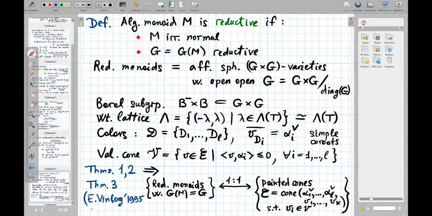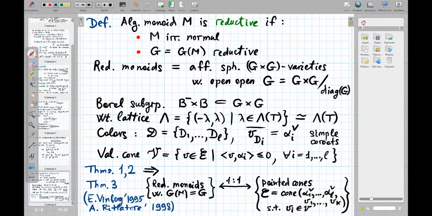A proof in the spirit of what I have just said, as an implication of the theory of spherical varieties, was given later by Alvaro Rittatore, three years later, in 1998.